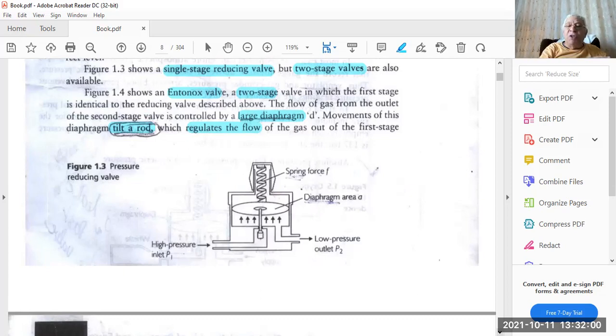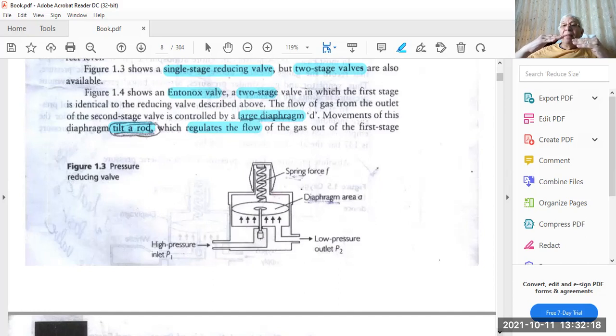We have a low pressure side on the left and right. Suppose the oxygen pressure is increased. Definitely the force acting by the spring above will be more than what is acting below, so the diaphragm will descend.